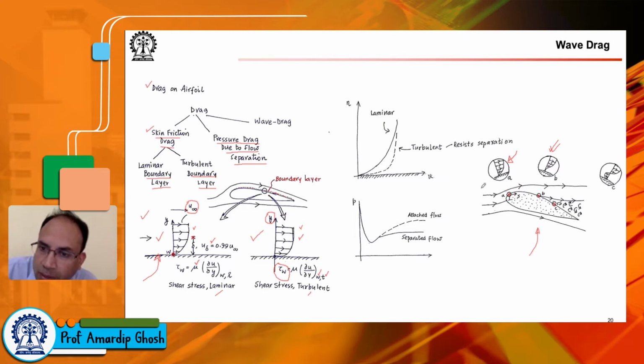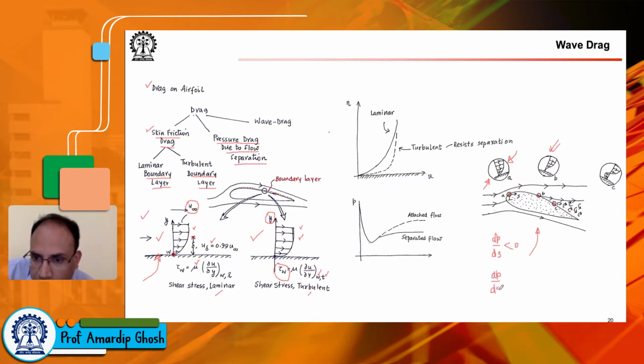So the insert at A shows you the condition of the boundary layer at location A. Also remember that in the initial region, dp/ds is favorable. So pressure is decreasing as s is increasing, but beyond a certain point, dp/ds becomes the other way.